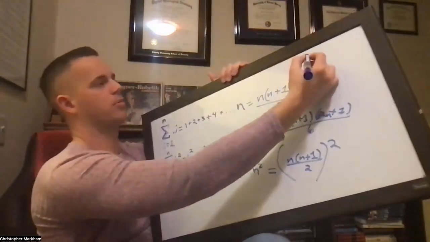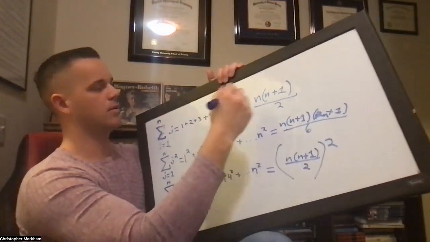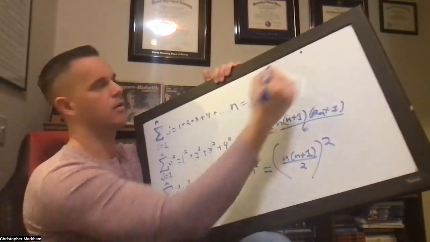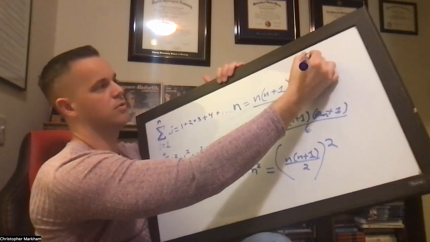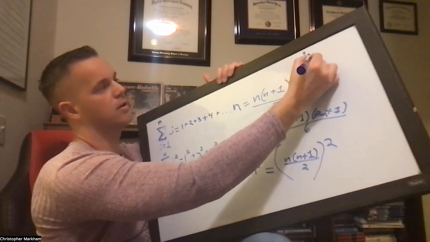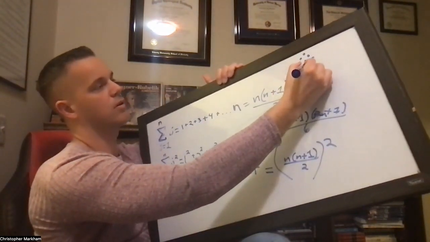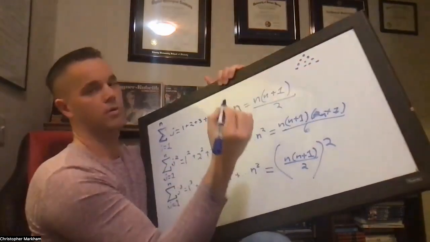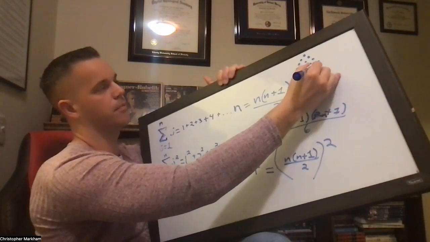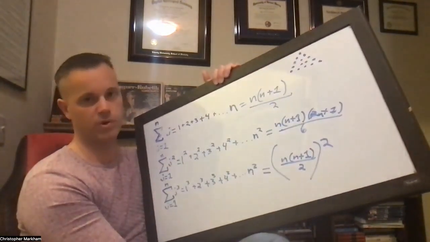If you were to put it into a geometric shape, 1 plus 2 plus 3 plus 4, and so on and so forth to get to n, it's like saying 1, plus 2, plus 3, plus 4, and let's do another one, plus 5. You can see how this is going. It's like a triangle, like bowling pins.